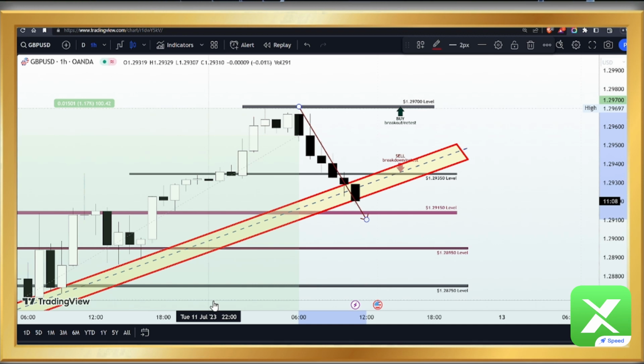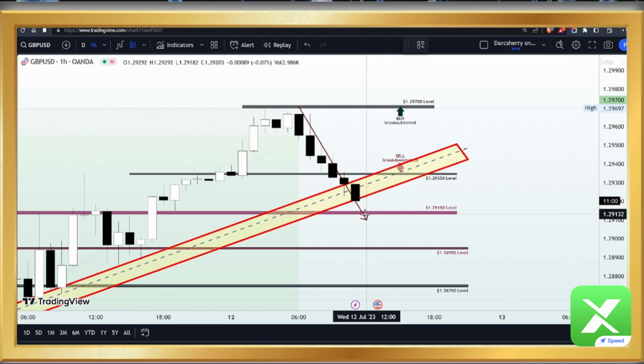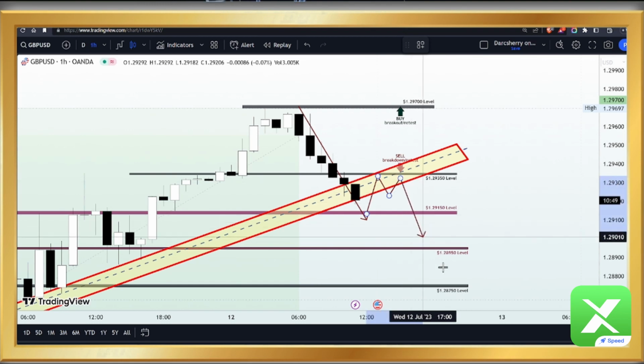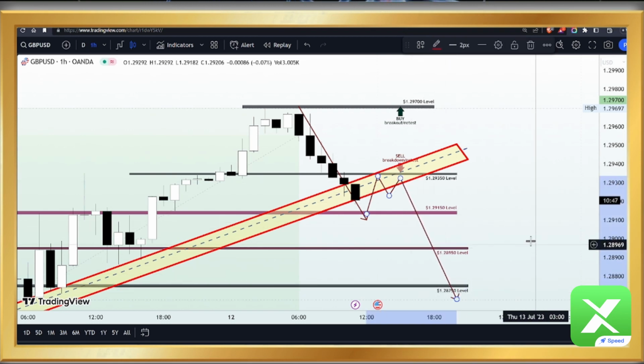So what you want to be doing is to remain patient. After the breakdown happens, scale down to your lower time frame and look out for confirmations that buyers are struggling to climb back above that trend line, and this would reflect on the chart as a retest of structure, continued selling pressure on our lower time frame to incite a sell-off in this particular market.